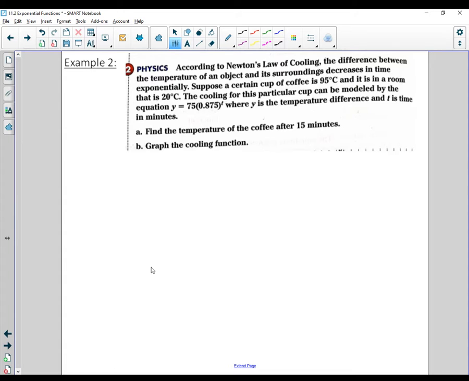According to Newton's law of cooling, the difference between the temperature of an object and its surroundings decreases in time exponentially. Suppose a certain cup of coffee is 95 degrees Celsius and it is in a room that is 20 degrees Celsius. The cooling for this particular cup can be modeled by the equation y equals 75 times 0.875 to the t, where y is the temperature difference, an important term, and t is time in minutes.